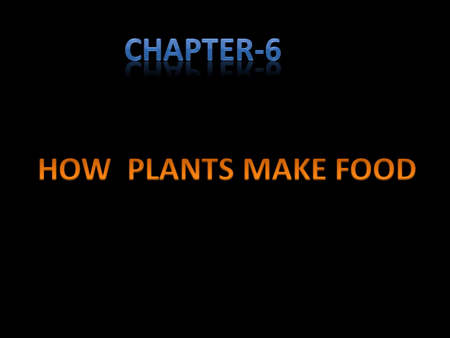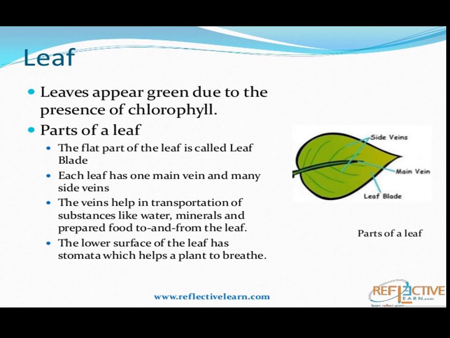So let us proceed. Leaf. You all have seen the leaves. They look green in color, but you must have seen leaves which are red in color, which are yellow in color, and sometimes pink and purple also.